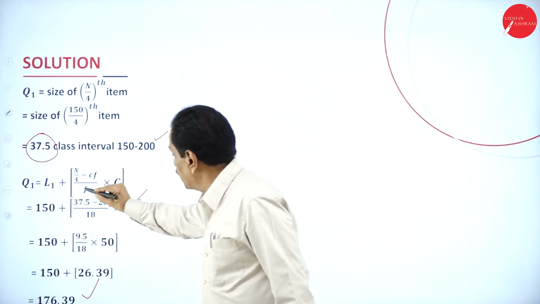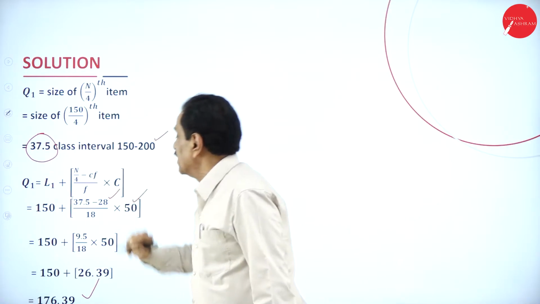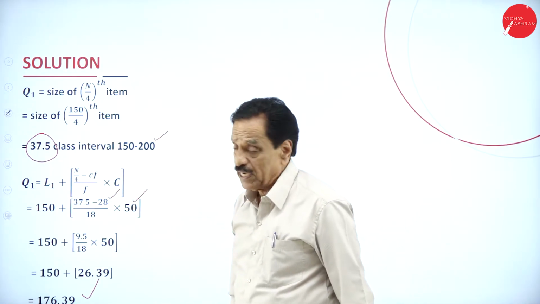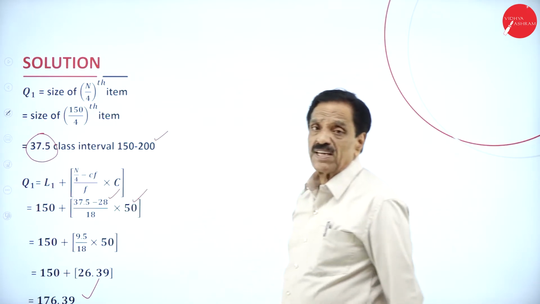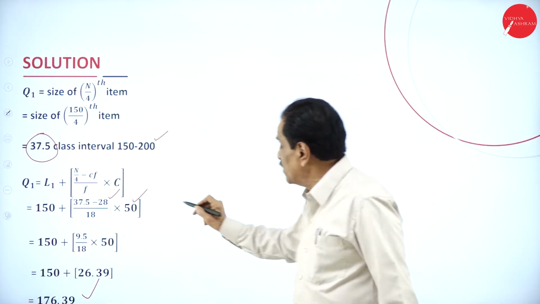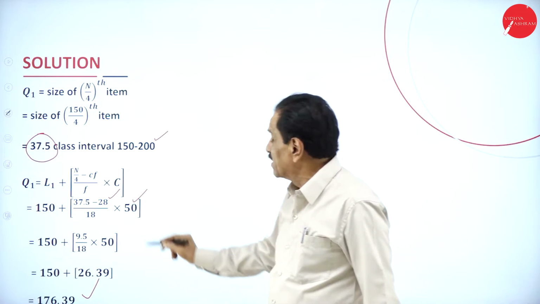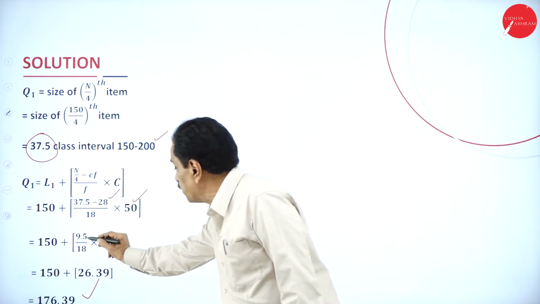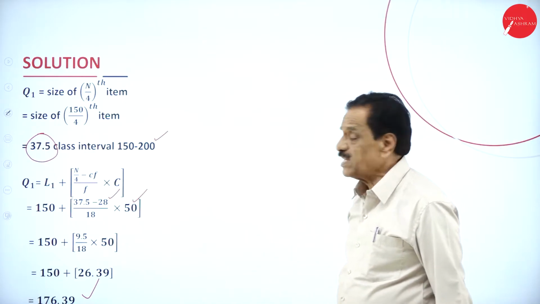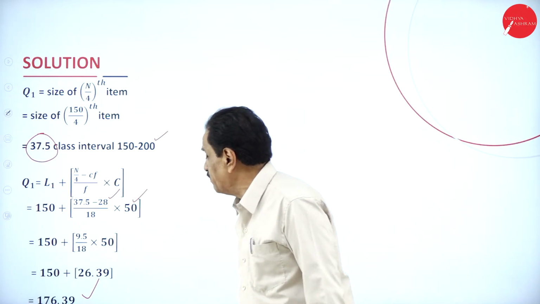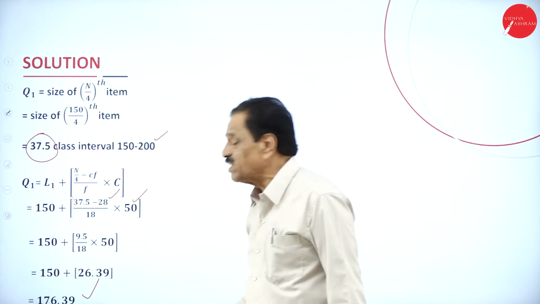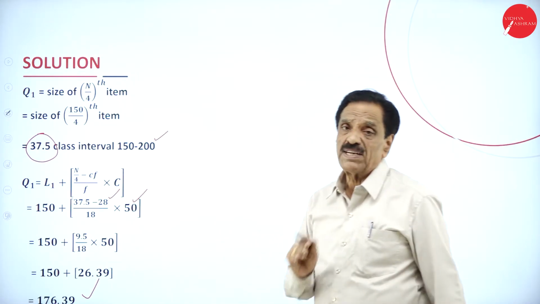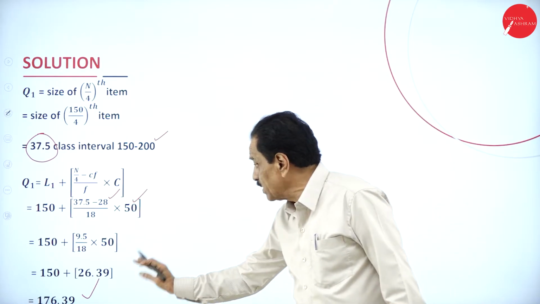Here n by 4, 150 by 4, 37.5, behind CF is 28, divided by frequency 18, into class interval 50. 37.5 minus 28 is 9.5 divided by 18 into 50. If we simplify this, it is 26.39. If we add, it is 176.39, which becomes the Q1.